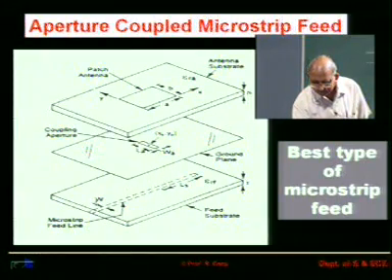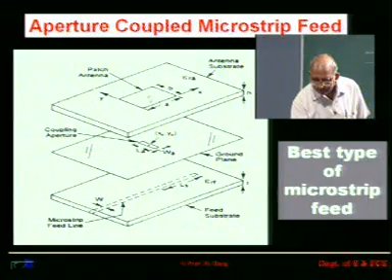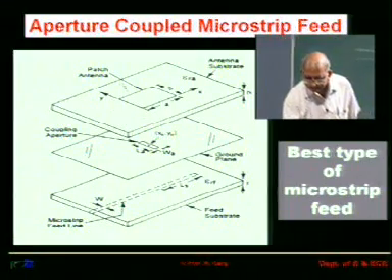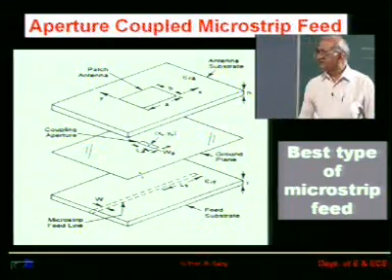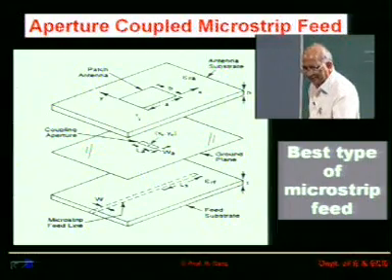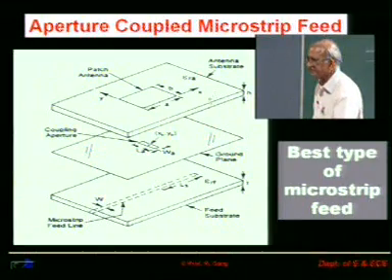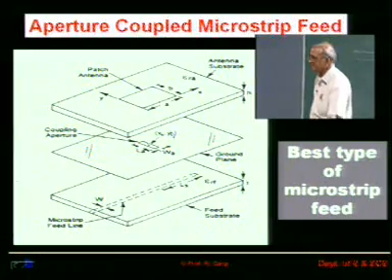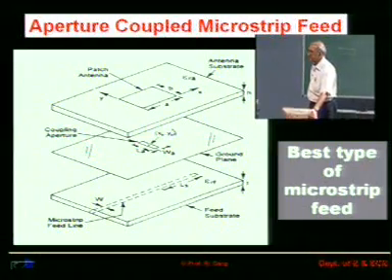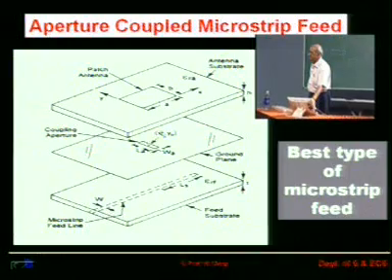Second is that because now you are using two substrates, one is this substrate, one is this substrate. One substrate's parameters you can optimize so that the radiation is maximum. You can use this substrate which is low dielectric constant and large thickness to maximize the performance, the radiation efficiency and bandwidth.